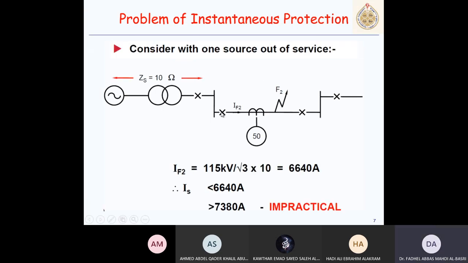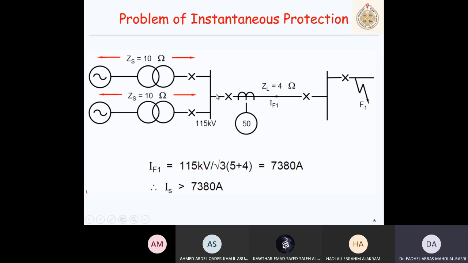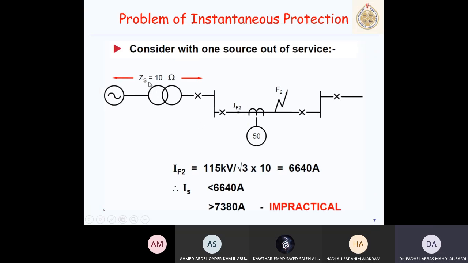Now, for a local fault, if a fault occurs close to the relay, roughly at the bus or just after the bus, just here, what will be the fault current? One of the sources is in service, the other is out of service.